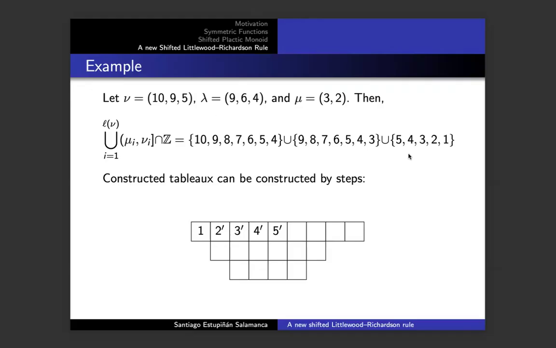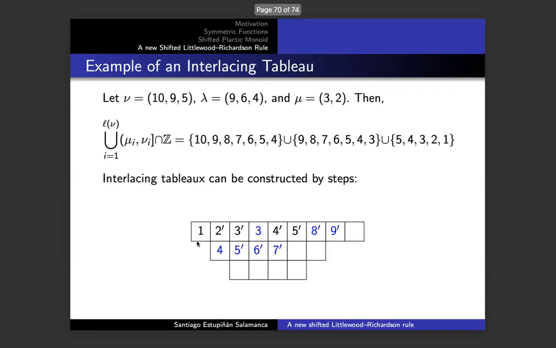You start with the interval corresponding to the smallest letters, and then you find all different ways to lay down the entries of this interval into a vertical strip and a horizontal strip. And then you continue in this process, only that the entries of the subsequent Serrano-Pierre strips are allowed to appear between the entries of previous Serrano-Pierre strips.